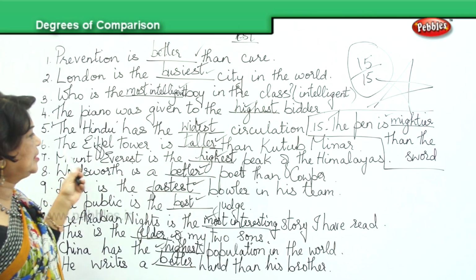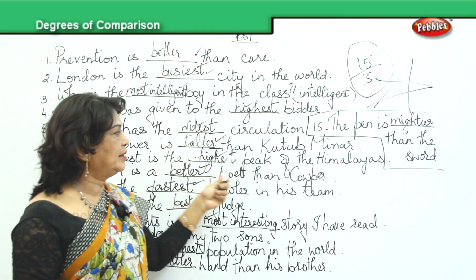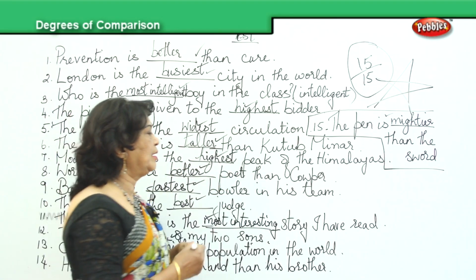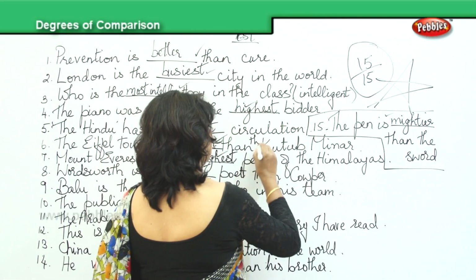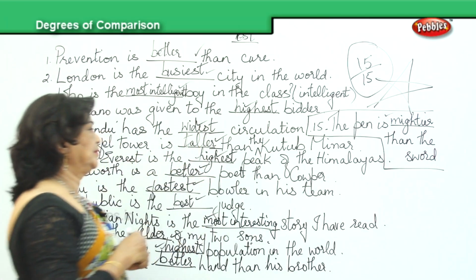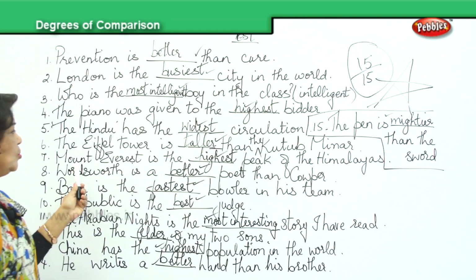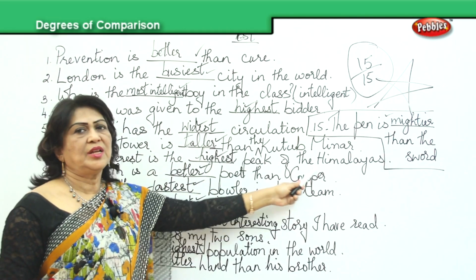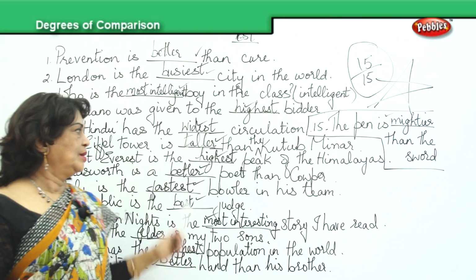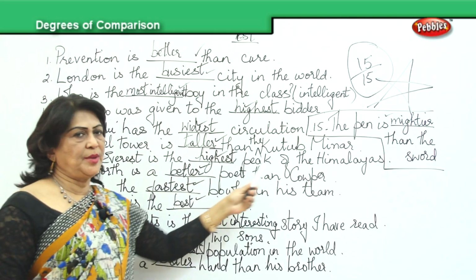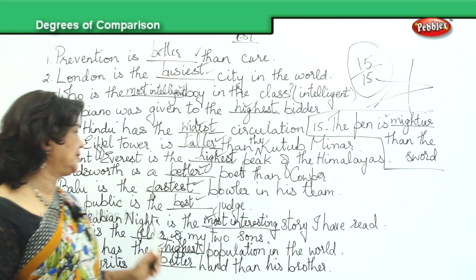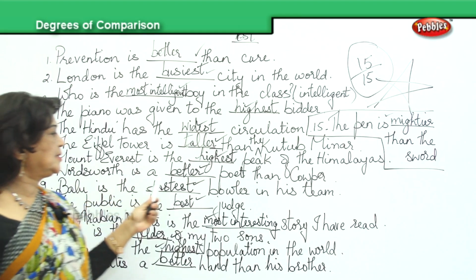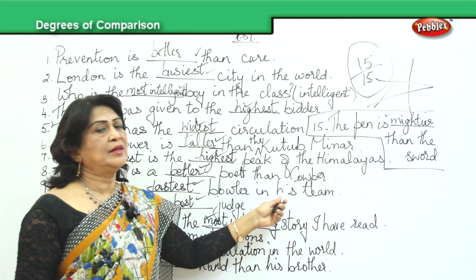The Eiffel Tower is taller than the Qutub Minar. Mount Everest is the highest peak of the Himalayas. Wordsworth is a better poet than Cowper.